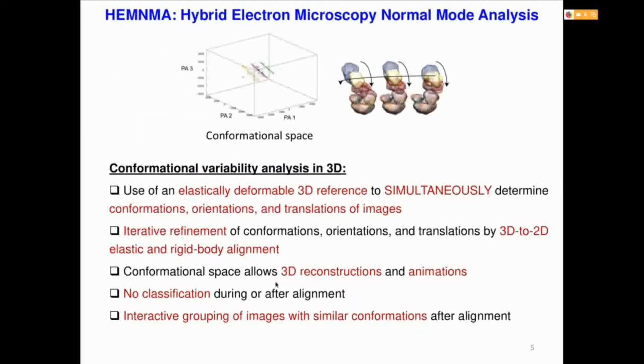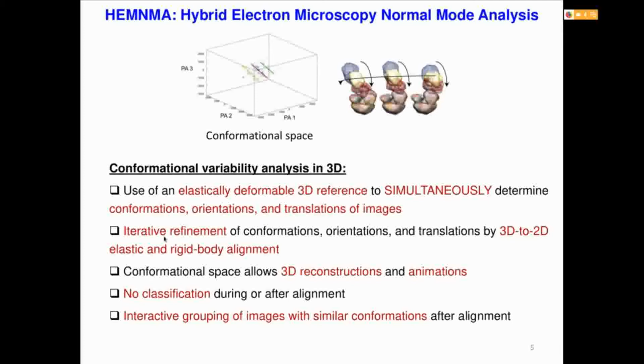So we developed the methodology that we called HEMNMA. It stands for hybrid electron microscopy normal mode analysis. It performs conformational variability analysis in 3D space by using an elastically deformable 3D reference to simultaneously determine all parameters for each single particle image, which means conformational parameters, orientational and translational parameters.